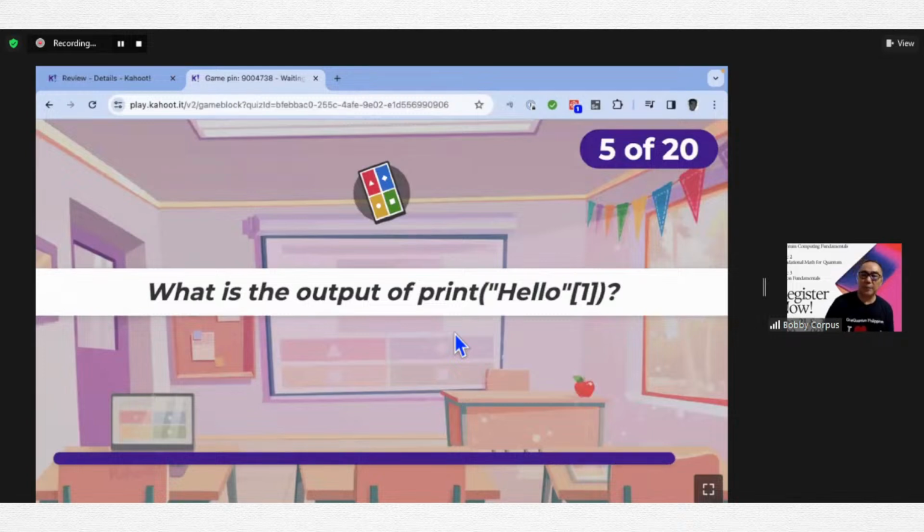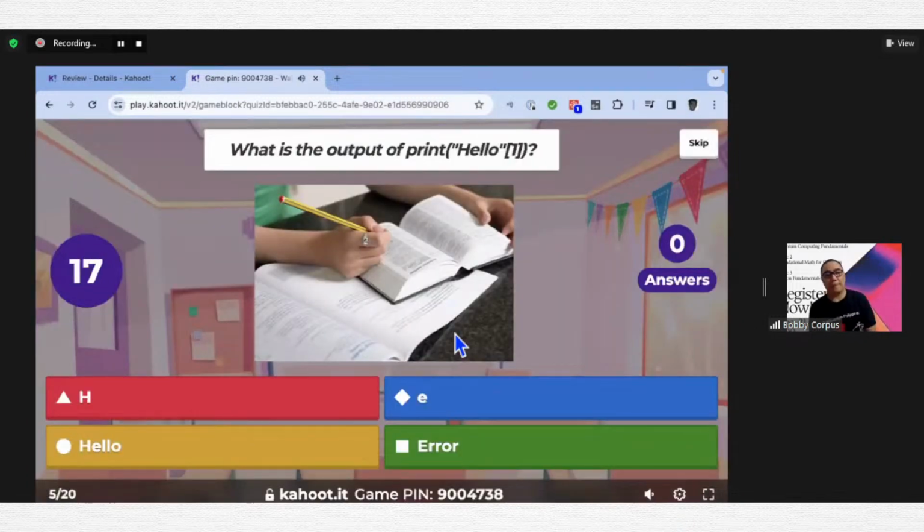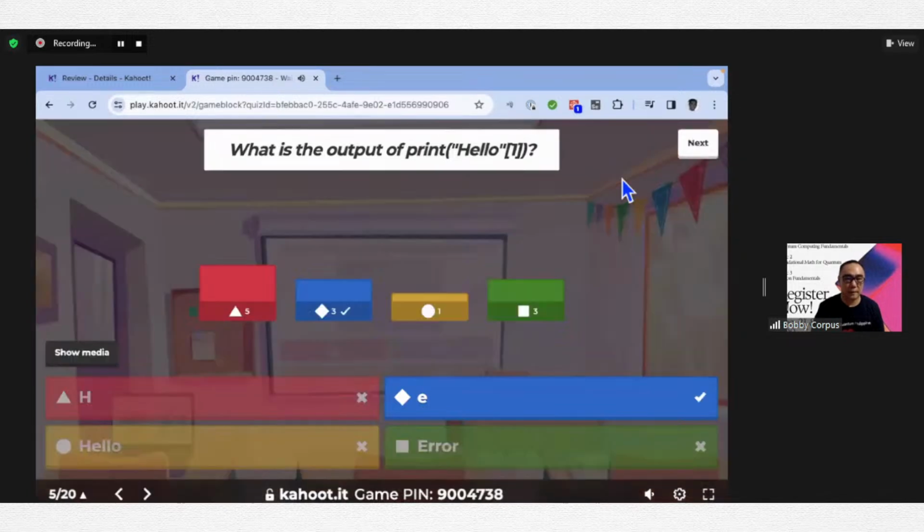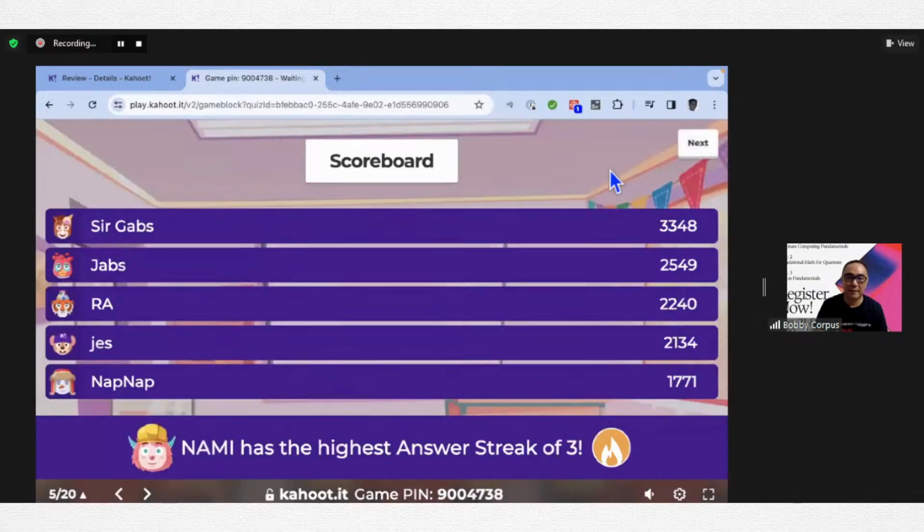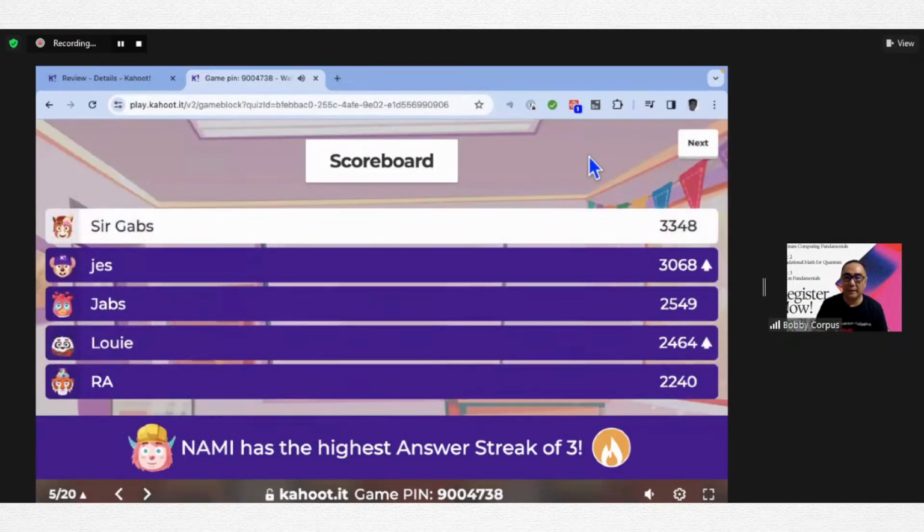What is the output of print? Hello one. Hello one. The correct answer is E. Ito. Great.